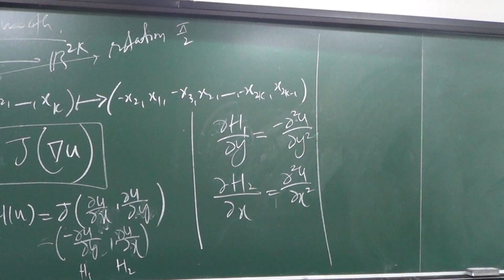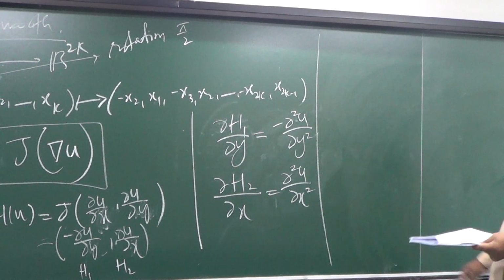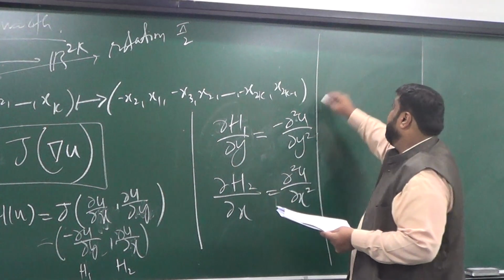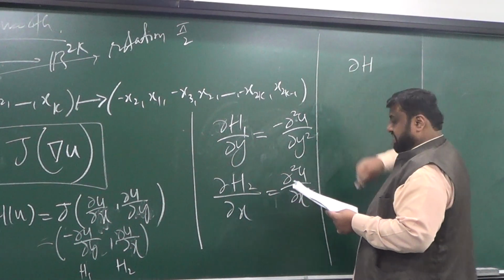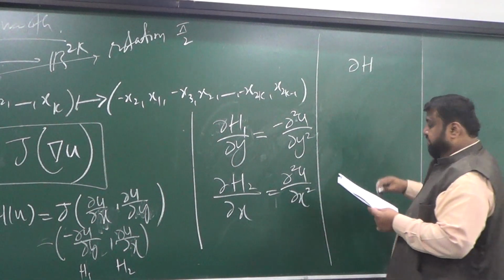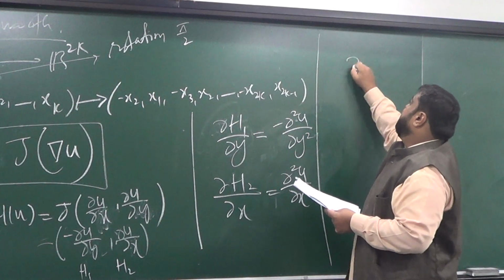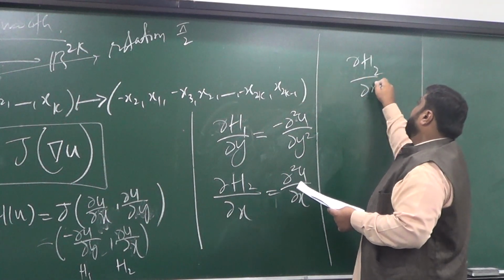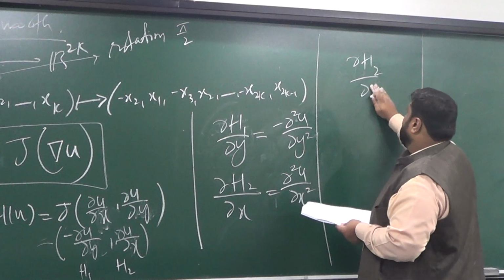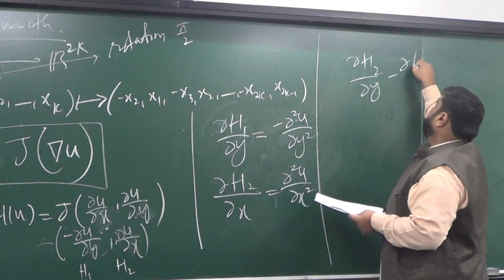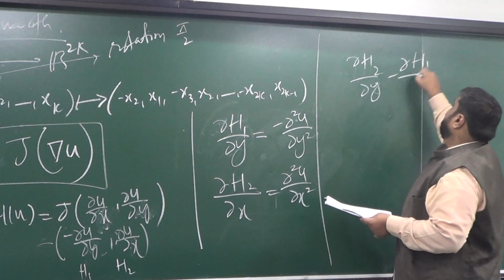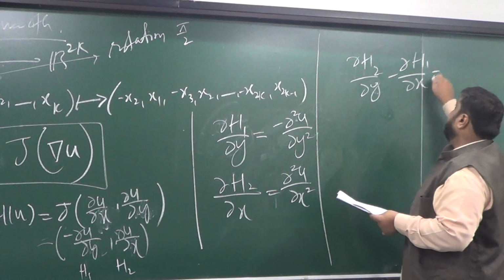Now I'm asking that we compute their sum, or maybe their difference. So partial h2 by partial y minus partial h1 by partial x.